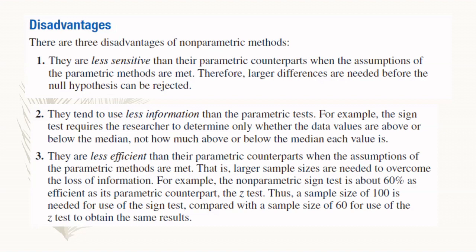Kung ang non-par would need 100, for parametric, it only needs 60. So less na siya efficient. Of course, it costs money and takes time to collect samples. So gusto natin efficient. Less samples, less time. That's one of the main disadvantages ng non-par, it needs more samples to detect difference.